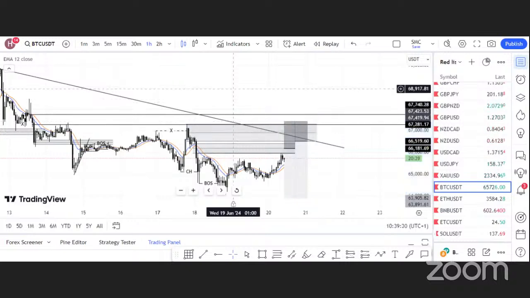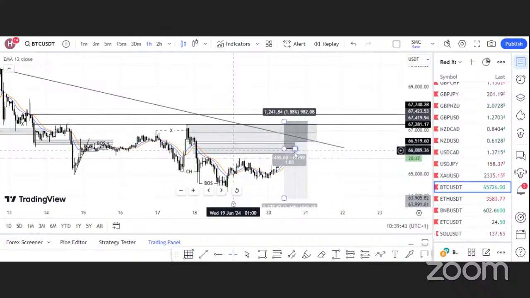So you see I have two entry opportunities. This is my first entry, this is my second entry. Whichever one triggers first, if the market gets to this point and triggers, the market is going to sell to at least this level.